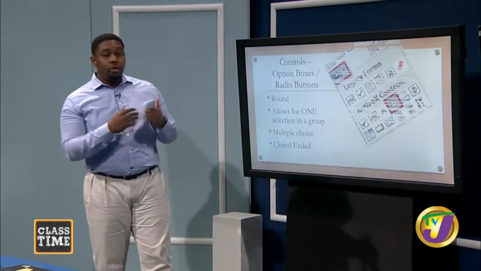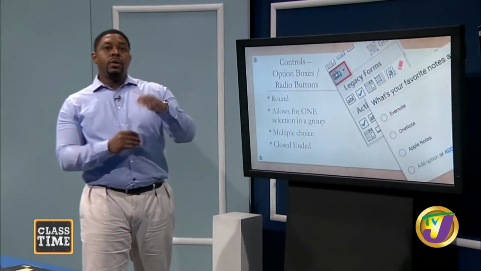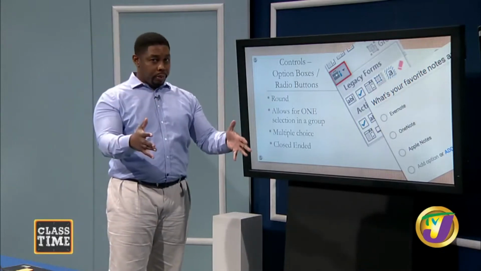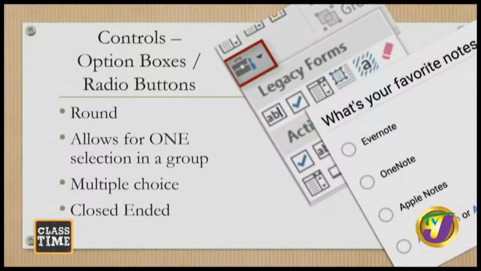Then we have our radio buttons, and these only allow for one option or one selection in a group. All right? So if you have a group like male, female, then you can only choose male or female. So as long as you have one group, then you can only select one choice.